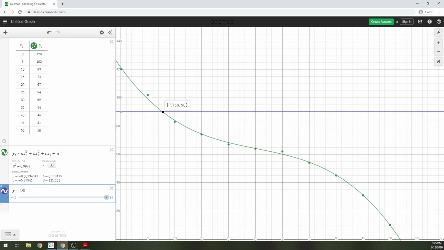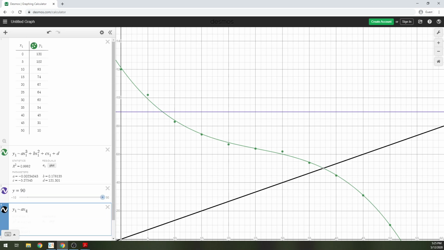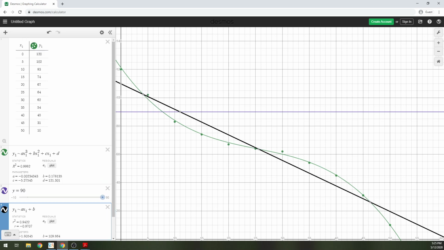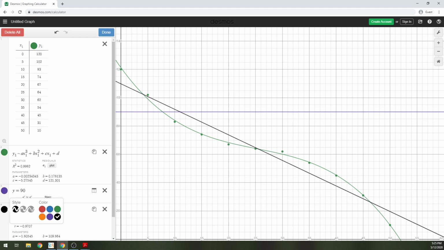So let's go back to Desmos. We can make a new line for this: y_1 ~ ax_1 plus b. All right, so go ahead and change the color here, maybe like that, so we can see it better. So you can see this is the line of best fit.